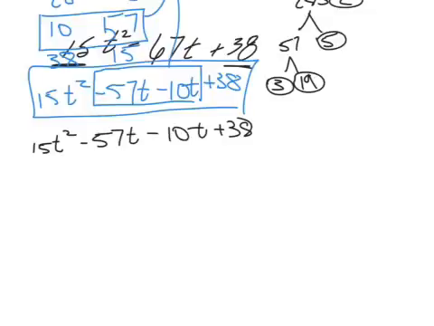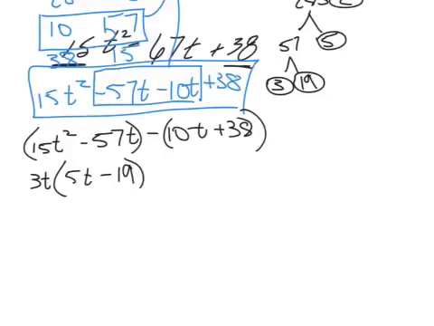Okay, so I'm going to look at this and group those, and I'm going to group those. So I'm going to bring out a 3 here and a t, and I'm left with 5t minus 19. Okay? And then I'm going to bring out, let's see, what can I bring out here?